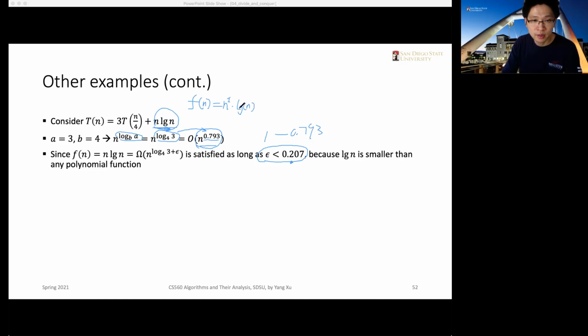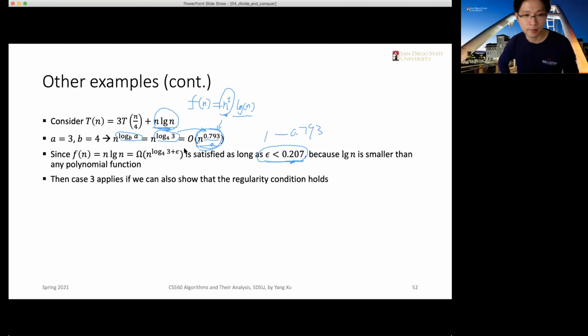Okay, so since logarithm of n is smaller than any kind of epsilon, any kind of polynomial function, we basically need to compare this term with this polynomial term, right? Okay, so this term is polynomially higher than this term as long as we are considering epsilon that's smaller than their difference. Okay, so the condition 3 still applies.